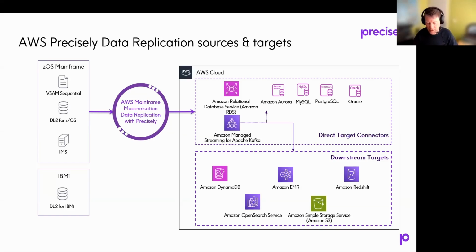CDC takes priority, but the initial load will get through. And eventually, when all the data is on target, including all the changes, at that point we have a consistent target again. So that is one of the specific features of Precisely Connect CDC that you can bring to the table in order to handle the complete set of requirements for a data replication exercise.